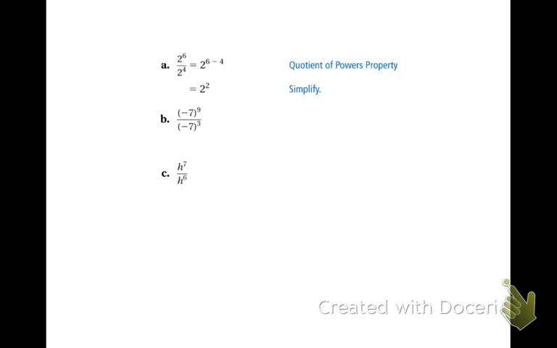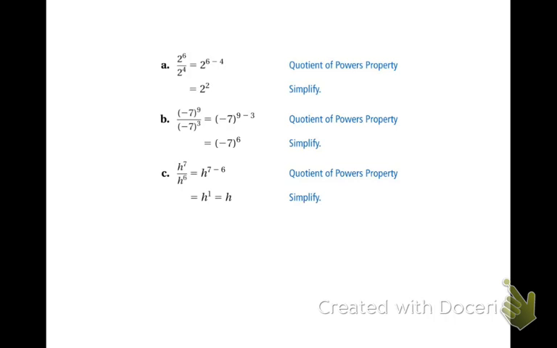We subtract 9 minus 3 to simplify to -7 raised to the 6th power. For part C, h to the 7th power divided by h to the 6th power. Take the numerator exponent and subtract the exponent from the denominator, because all 6 of the h's in the denominator would cancel out, leaving 1, or just simply h.